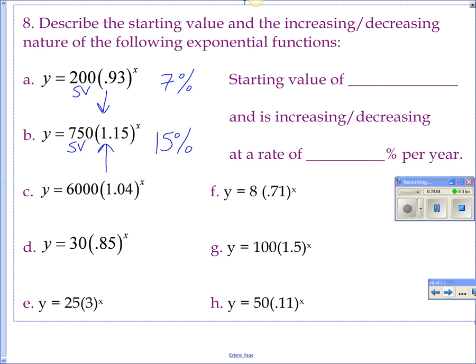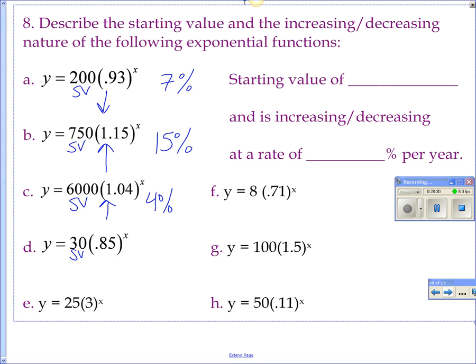All right, the next one, C, Riley K. Which one's my starting value? 6,000. Drew, is this one increasing or decreasing? Increasing, because it's bigger than 1. Samaria, what percent would have been in the original problem? 4%. Very good. All right, D, Stephen A., what's my starting value? 30.